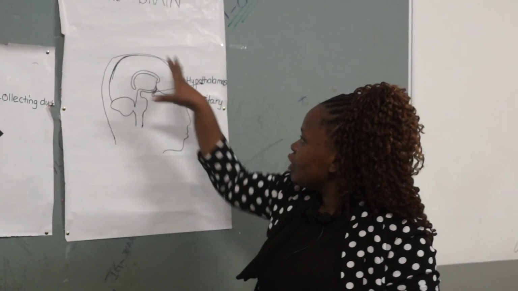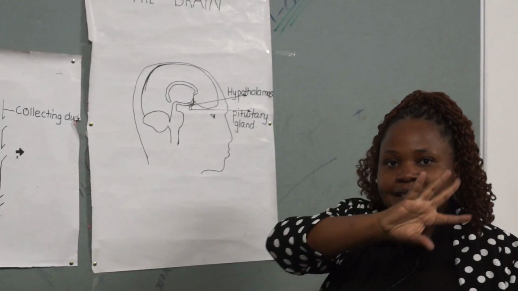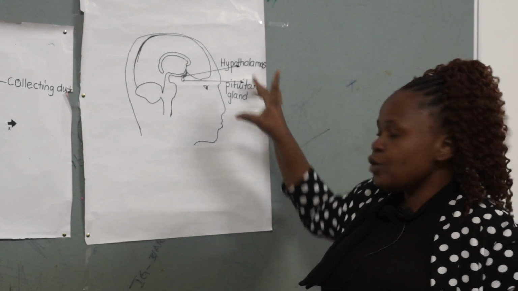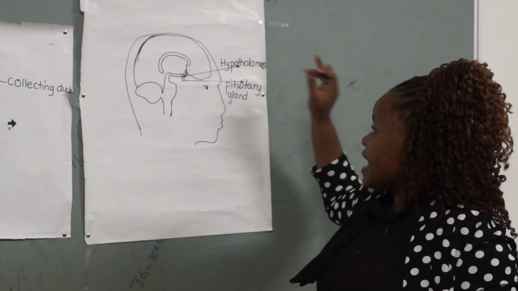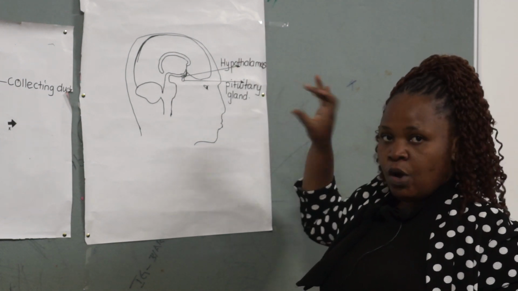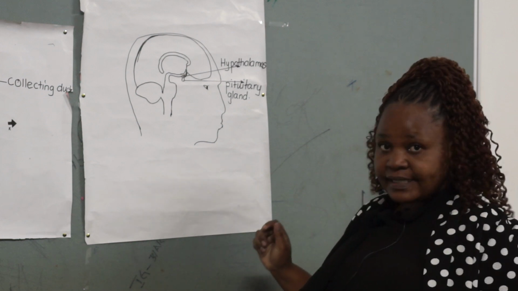I have not labeled them here so that you are not distracted by many labels. I've just indicated the areas of interest of the brain under homeostasis, right?